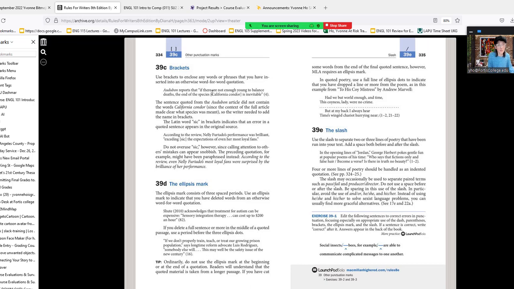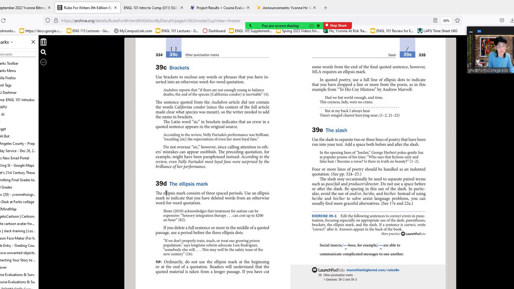The sentence quoted from the Audubon article did not contain the words California condor, since the context of the full article made clear what species was meant. So the writer needed to add the name in brackets. And then you put sic in brackets to indicate that an error in a quoted sentence appears in the original source.